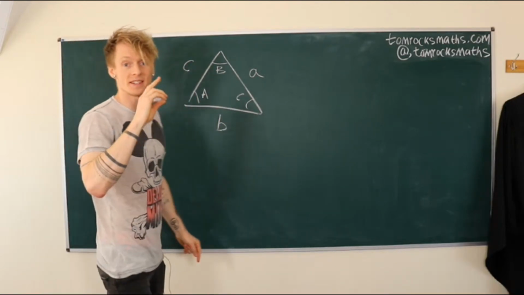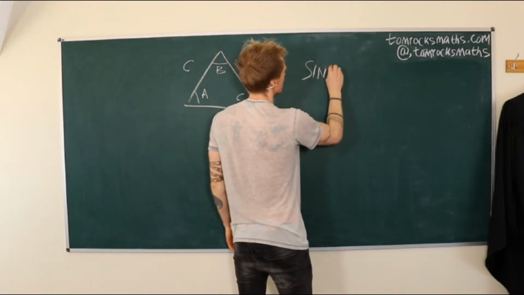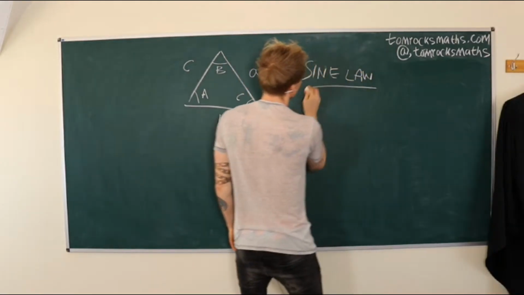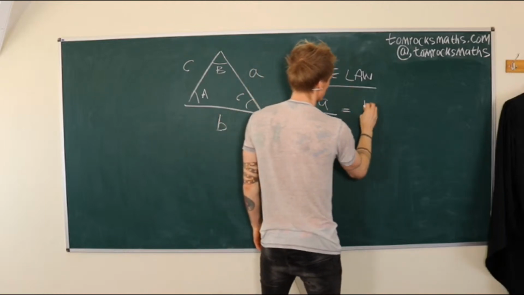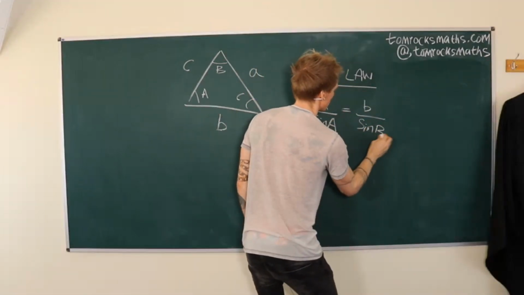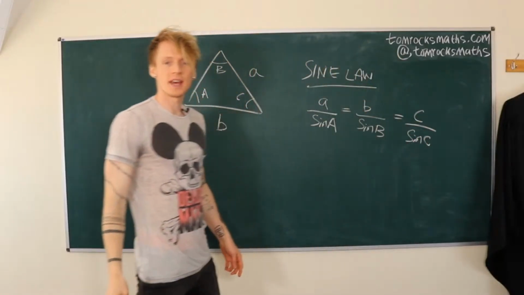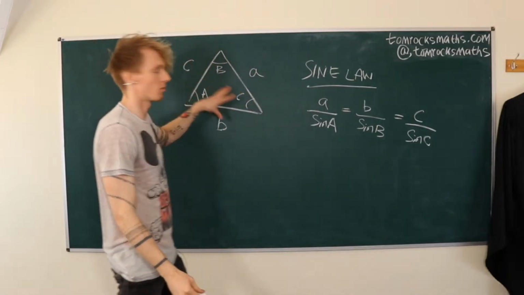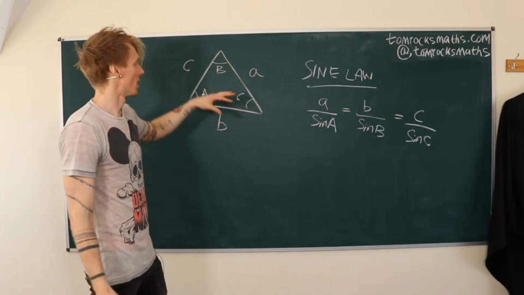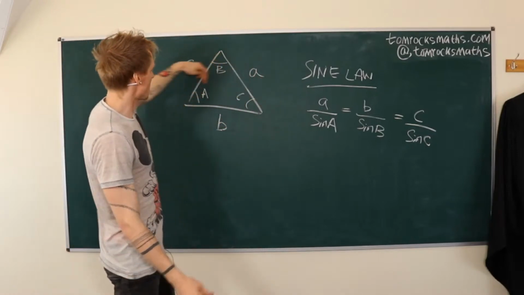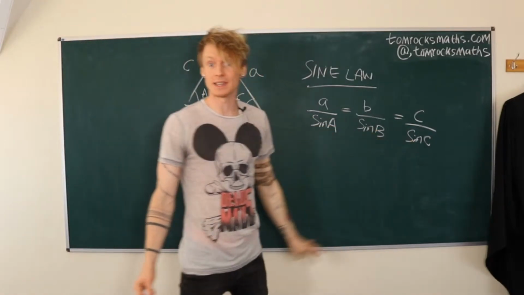Now, the sine law tells us that A divided by sine A is equal to B divided by sine B is equal to C divided by sine C. So this is saying if you take the length of one side of your triangle, remember, this can be any triangle, doesn't have to be right-angled, just take the length of the side and divide it by sine of the angle opposite that side, then these 3 things will be equal.